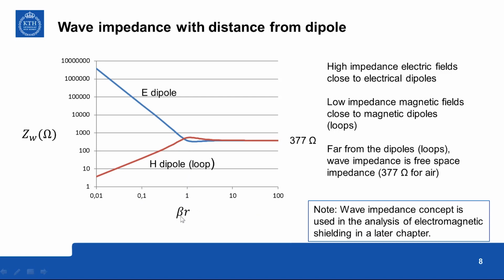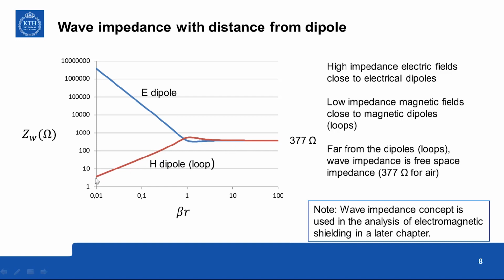So beta r equal to 1 will be 2 pi r equal to lambda. When lambda equals 2 pi r, then it becomes 1. And this is the wave impedance. And this blue line is for electric dipole and red line is for the magnetic dipole.